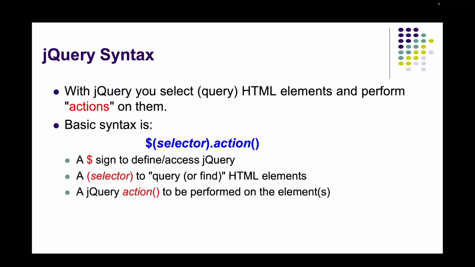So now let's look at the syntax. It's very consistent, like $(selector).action. So it always starts with a dollar sign to access jQuery, followed by a selector in parentheses to find an element, and finally an action to perform on it.